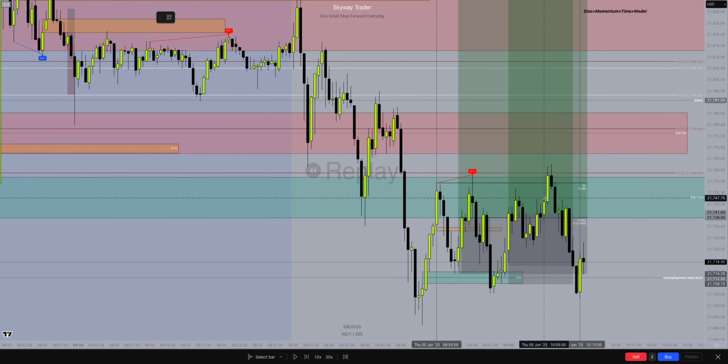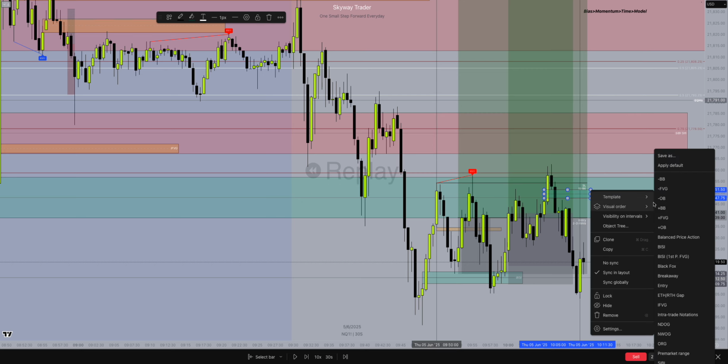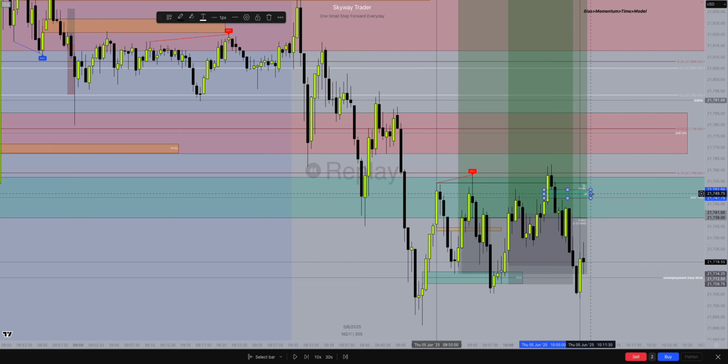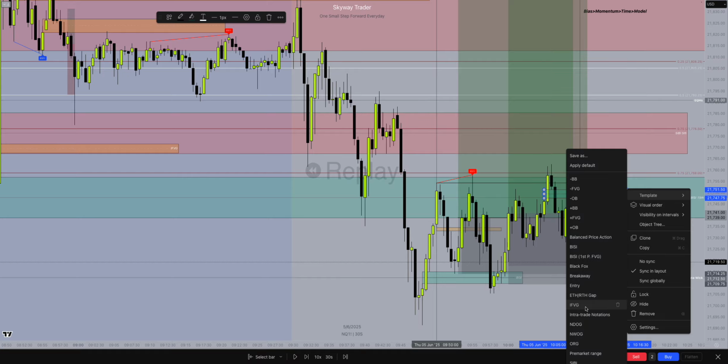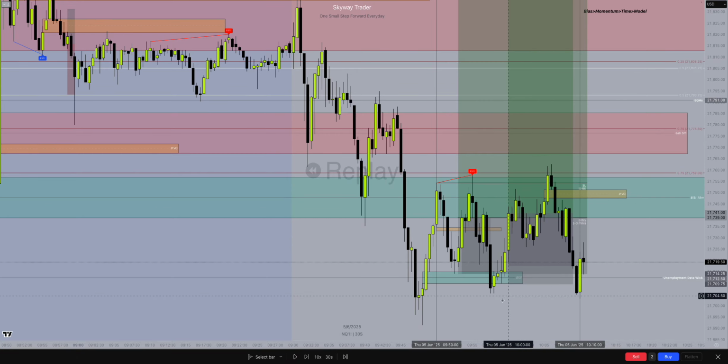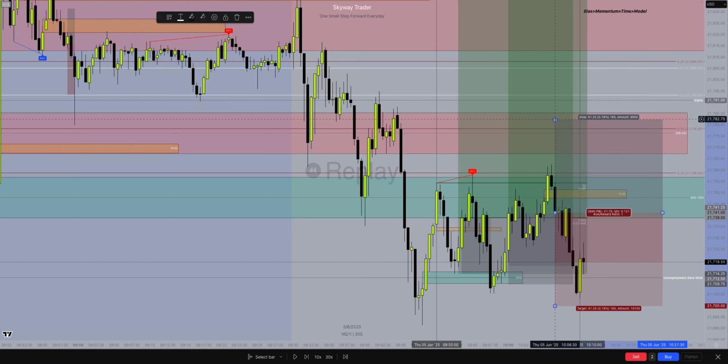So let's just say we play this out. It's a busy, right? And it gets inverse. So we got this inverse. We have momentum to the downside.